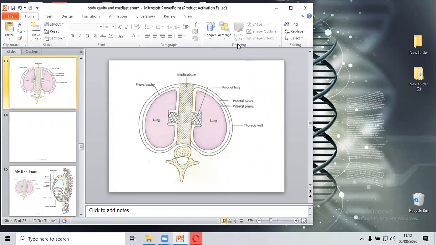So the two lateral boundaries are formed by the mediastinal surface of the parietal pleura. Okay, this is one surface, and the next surface.